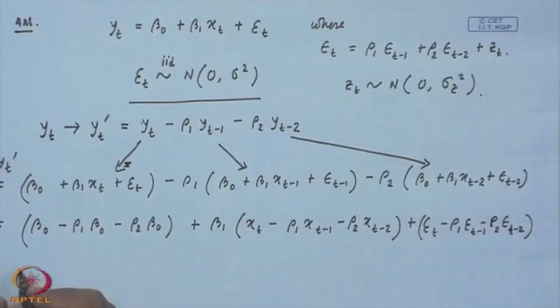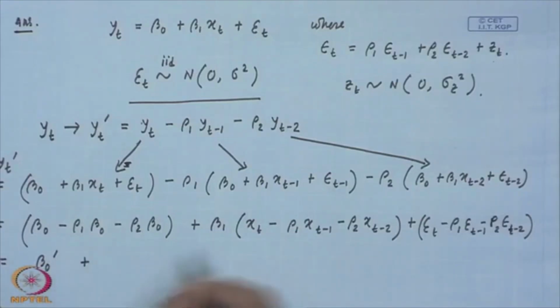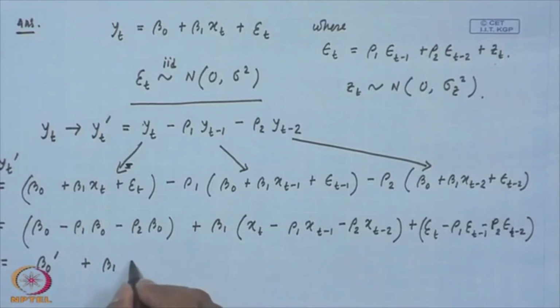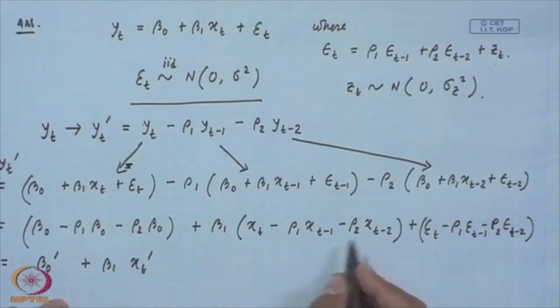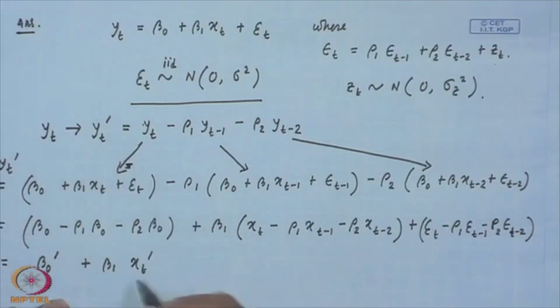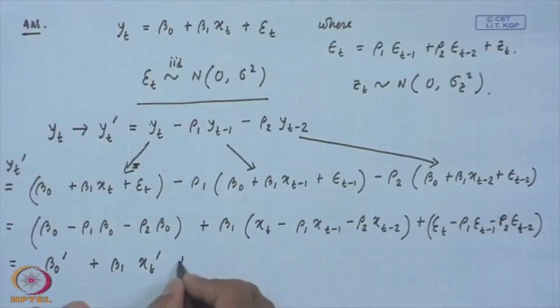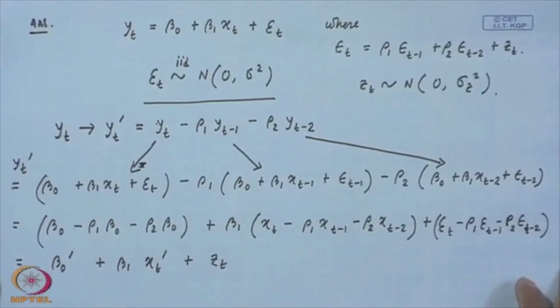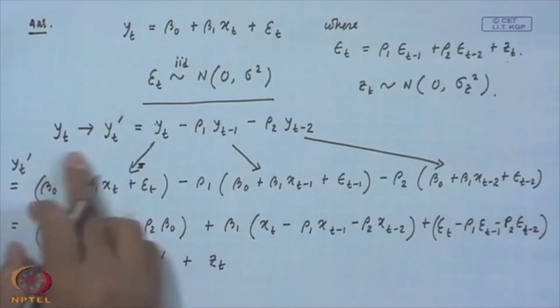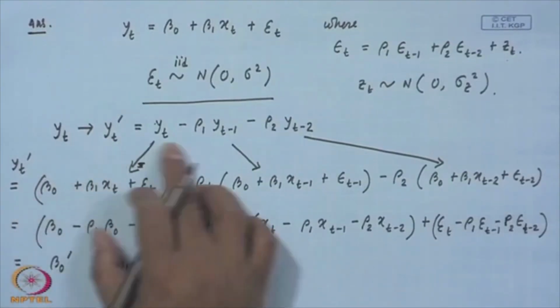So, I can rewrite this one as beta naught dashed plus beta 1 times, call this x t prime, plus z t. So, what you do is you transform y t to y t prime and similarly x t to x t prime. So, this is my x t prime plus z t. Now in this transformed model, we have transformed y t to y t prime, where y t prime is given here.